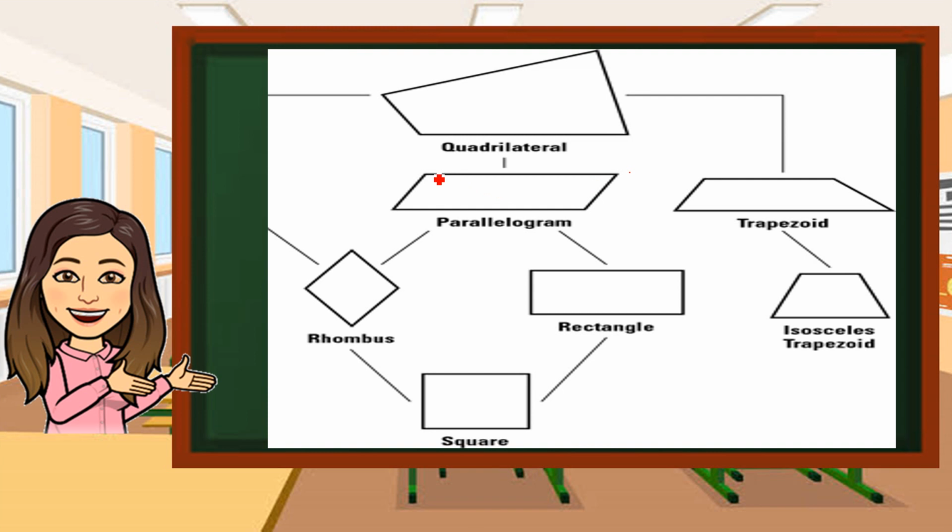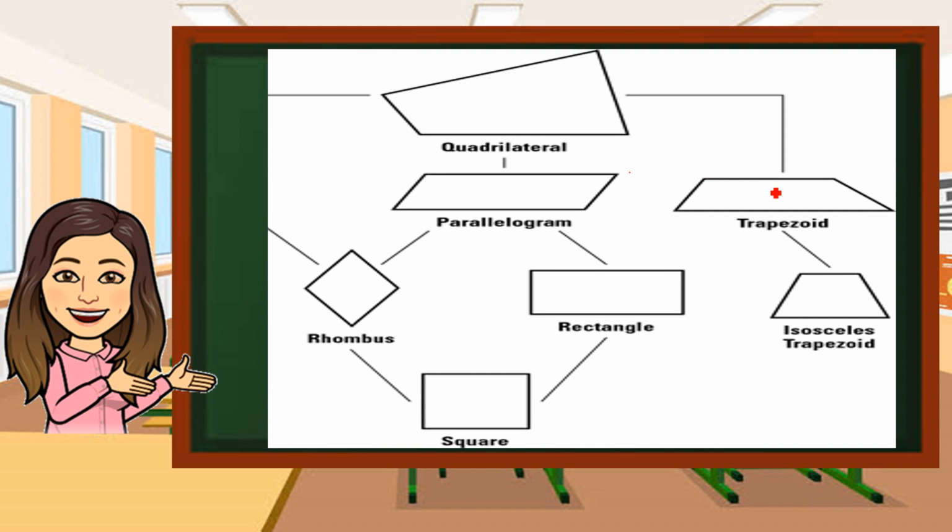Now, how can we differentiate these 2 daughters of the mother quadrilateral? As you can see, the trapezoid here has only 1 pair of parallel sides.